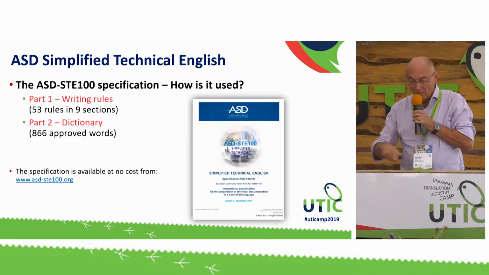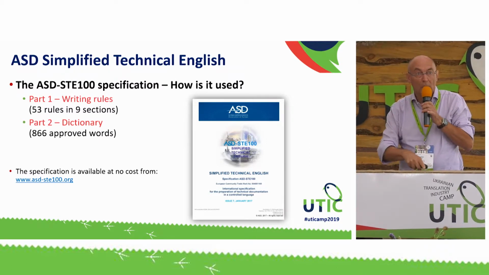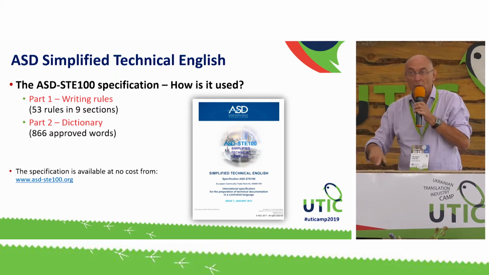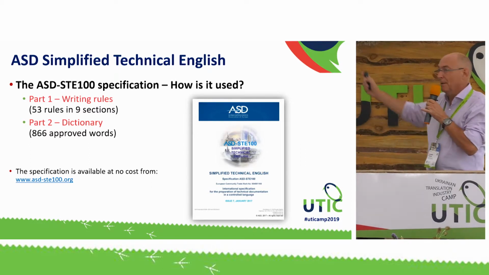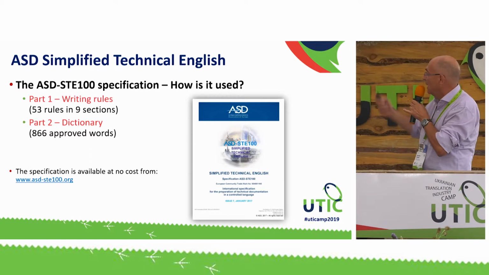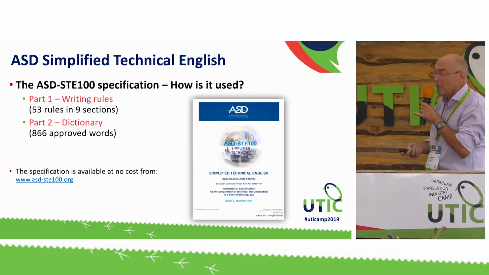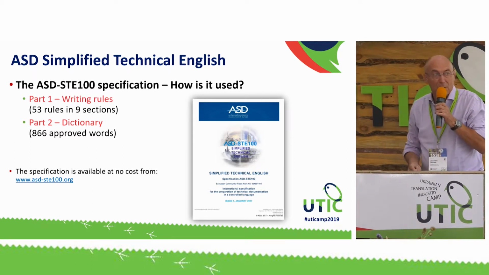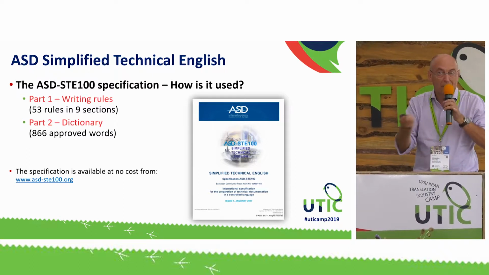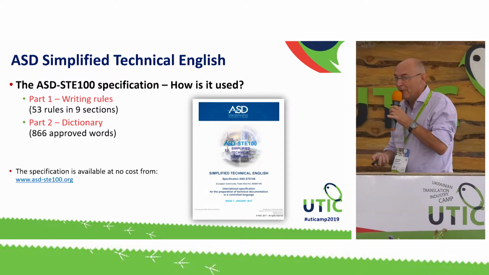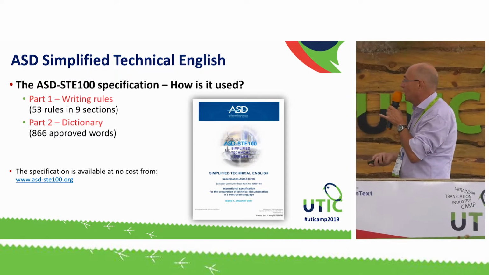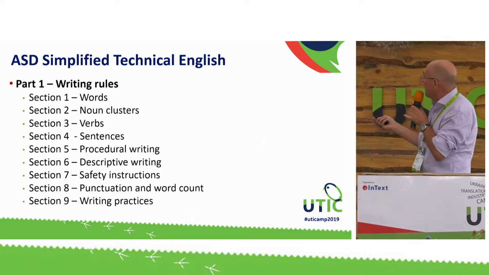There is little information to be filled in, and then you send the form to the STMG address, and you will receive a copy of the specification in a couple of days maximum.